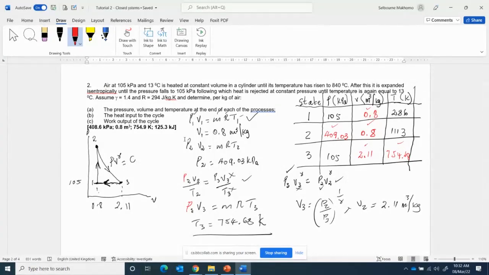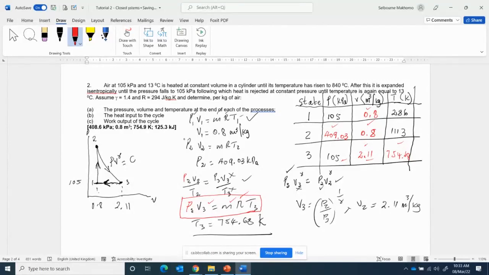Okay, T3, we said that here is the formula. Remember, I said this formula here is used for all the processes. So P3 V3 is equal to m R T3. P3 is 105. V3 is 2.11. m is 1. R is given, and then we have only one unknown.